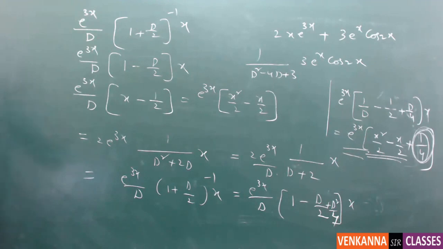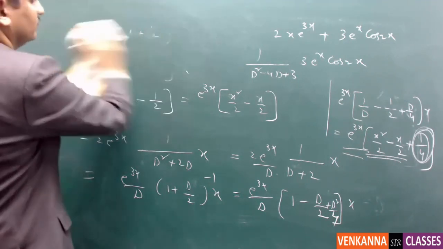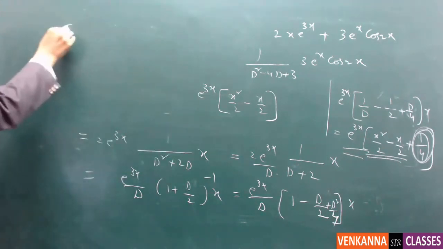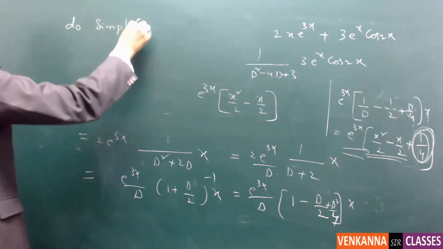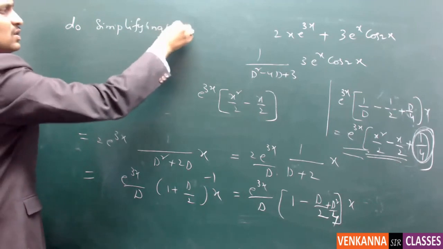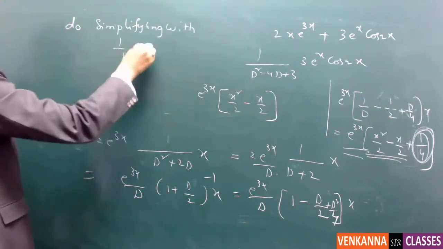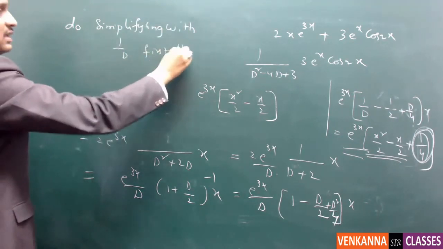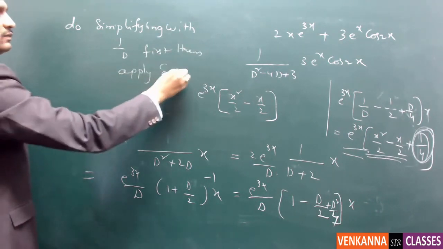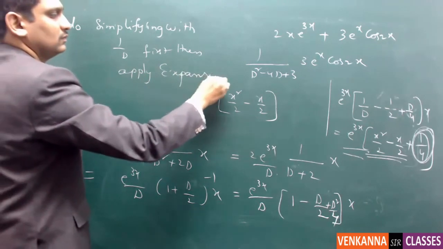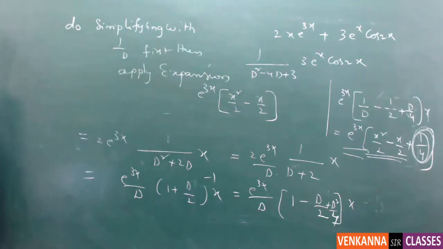In the simplest manner I will write: do simplifying with 1 by D first, then apply expansion. Okay? Clear now?